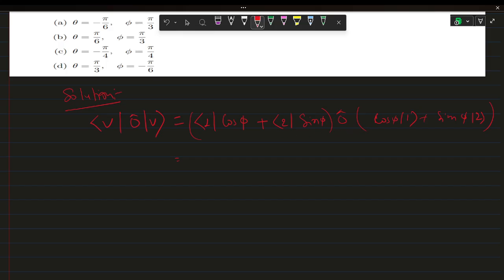Simplifying it, the cross terms will give 0. As |1⟩ and |2⟩ are orthogonal, the cross term ⟨1|2⟩ will be 0, and the cross term ⟨2|1⟩ will be 0, so we write only the similar terms.